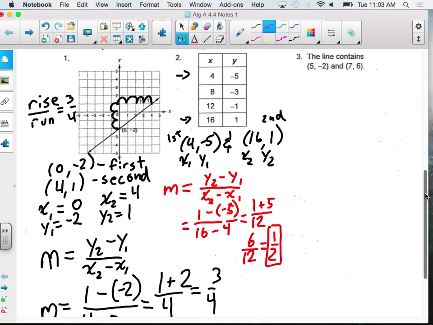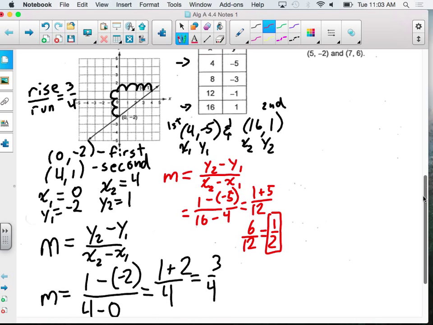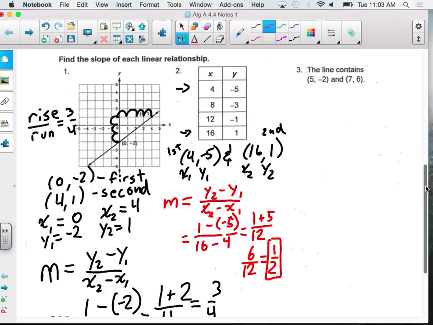So is that the same slope as the one we got here? Yes. So does that mean that we can pick any two ordered pairs? I would hope so. All right, you guys can do number 3 by yourselves. Just remember to label which one you're picking as your first ordered pair and your second.